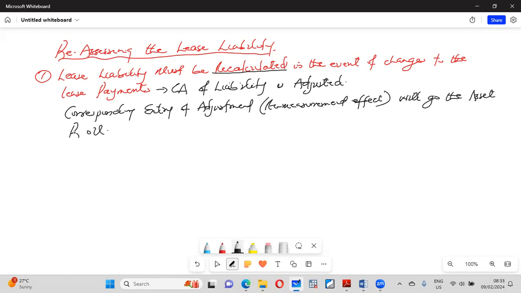Now, personally, I felt like we should apply something like IAS 19, where we are seeing a remeasurement effect. If you have a remeasurement component, it should go to your OCI. And so that figure would have been seated in the OCI.